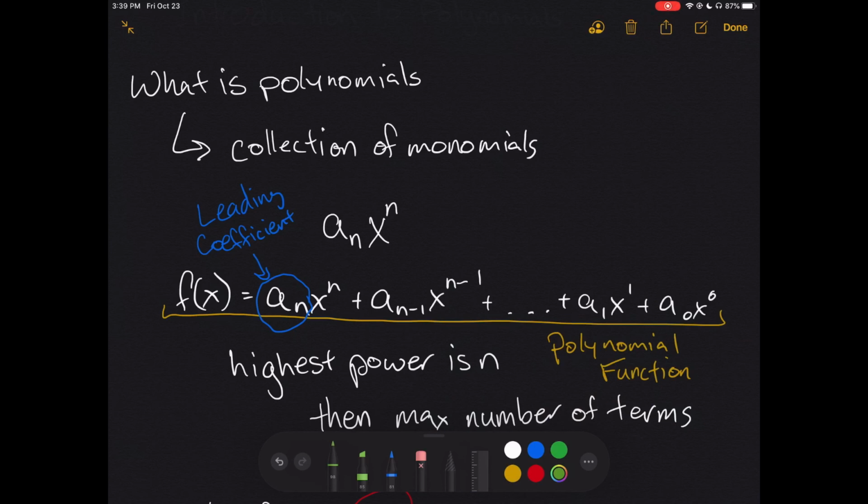The next thing we're going to talk about is the constant term. So at the end, I've got a naught, a subscript 0, times x raised to the 0th power, and x to the 0th power is just going to be 1.